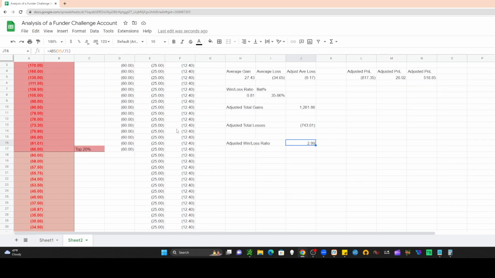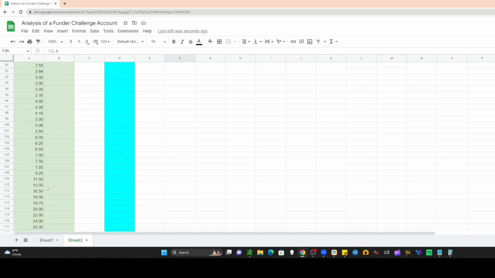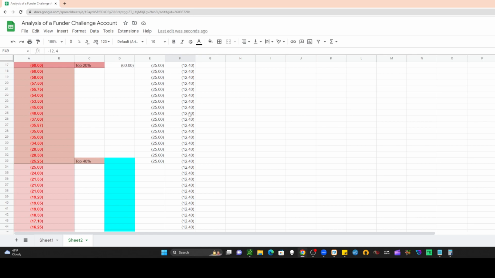Now, again, I'm going to be clear that I'm certain that a lot of these gains that we achieved here did require a drawdown of this amount, maybe more. So we can't necessarily say that we could cut off all of our trade losses at this point.